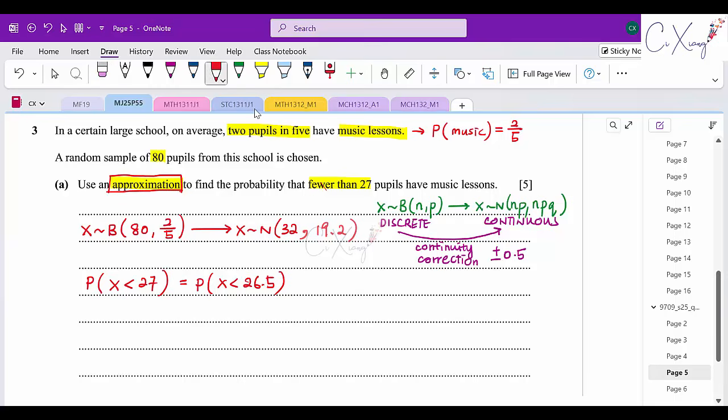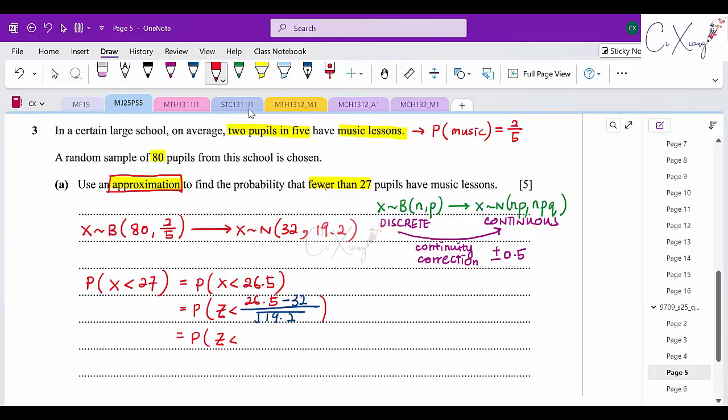After that, I have to convert it to z before we can find the probability. So I take 26.5 minus the mean. The mean is 32 in this case, right? Divided by the standard deviation. What is the standard deviation here? The square root of 19.2. Use a calculator to help you and get the answer for z.